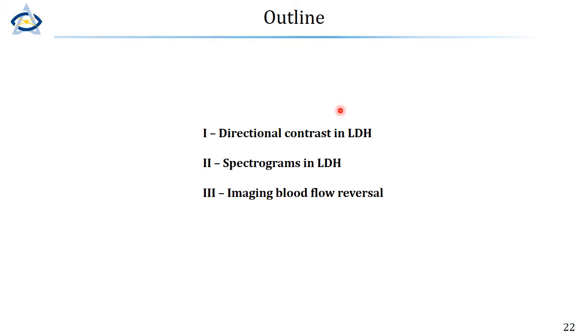Alright, so now that we've presented the directional contrast and the spectrograms in laser Doppler holography, let's see what we can do with that to image a blood flow reversal.